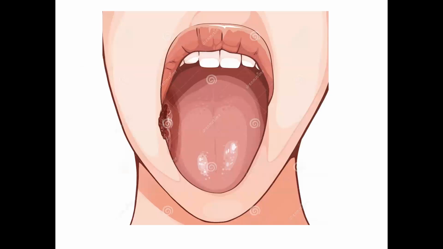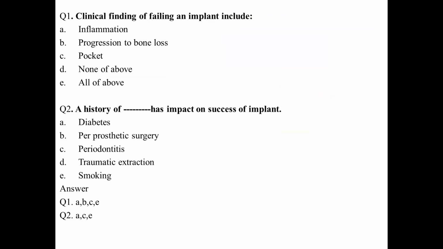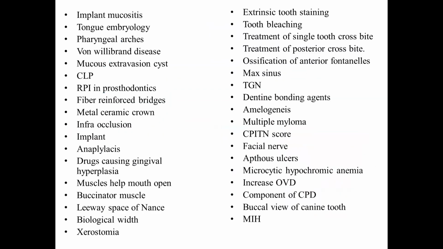Coming to another scenario, that is about tongue, because the tongue is again a most important topic. I told you I'll be only talking about two topics. One was implant. I hope I'm clear on it. And another is tongue embryology. They gave us a question from tongue embryology. I remember there were a few questions related to tongue in my exam as well.